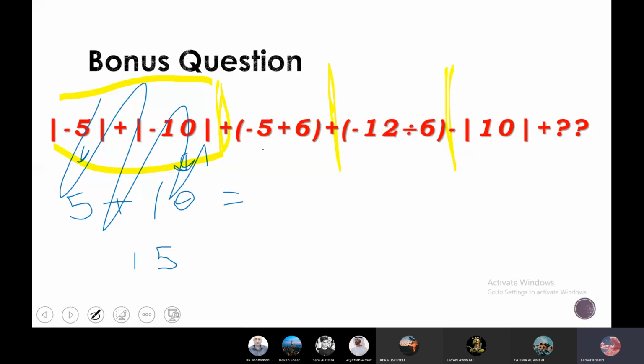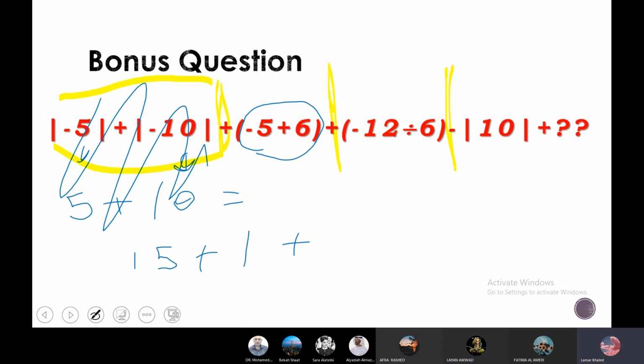Here we're going to solve negative 5 plus 6. We have different signs, so we're going to subtract. 6 minus 5 will be 1, and 6 is greater, so just 1. Okay, so the answer will be 1.